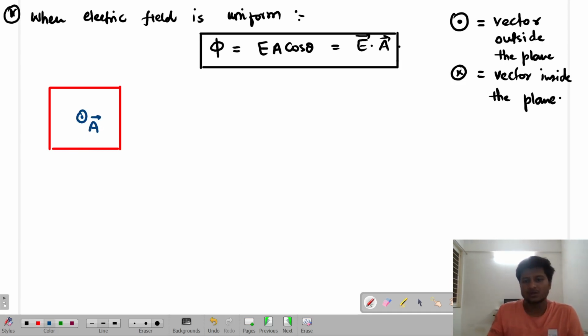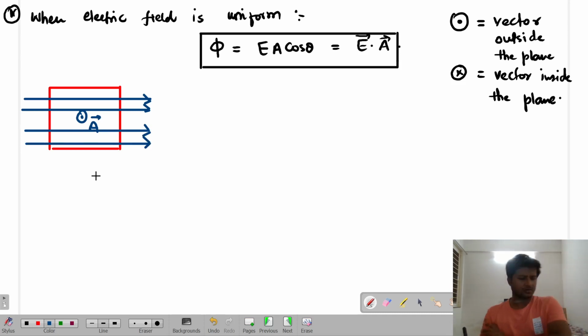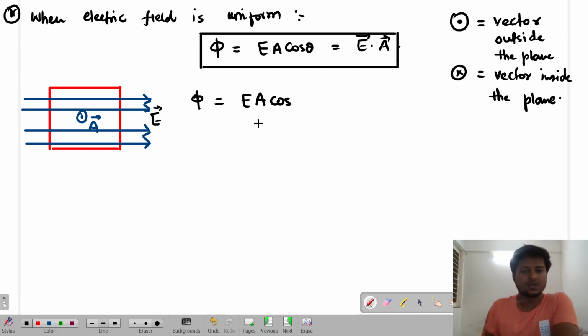Now, the electric field lines are passing like this way. So can you tell me what will be my flux? Tell me, you don't have to use pen. Like suppose this is electric field E. So flux is EA cos theta.